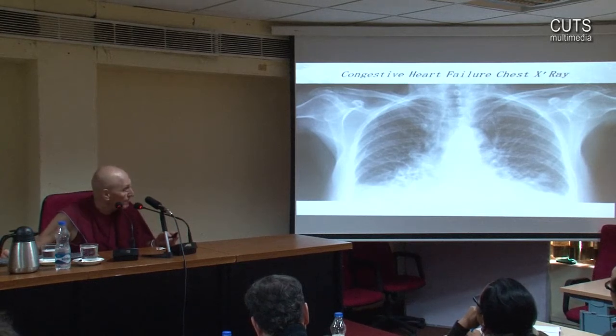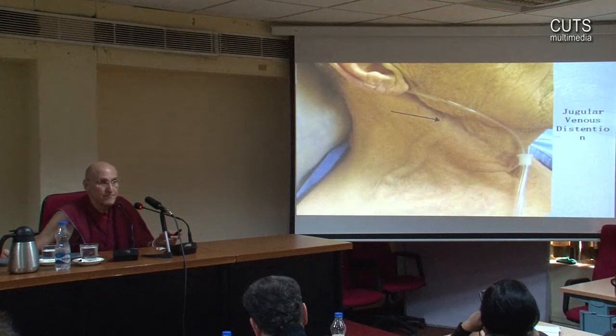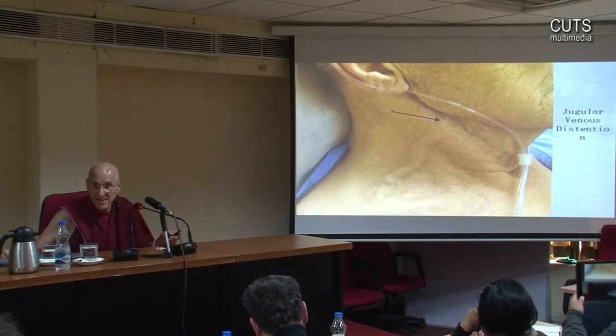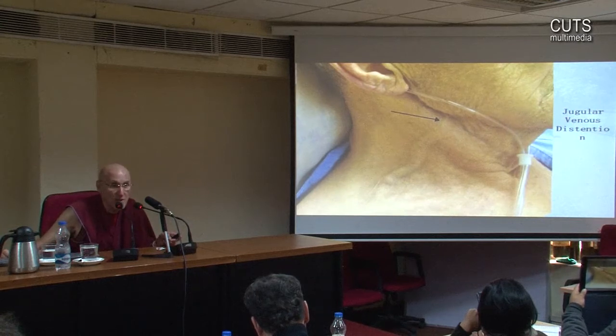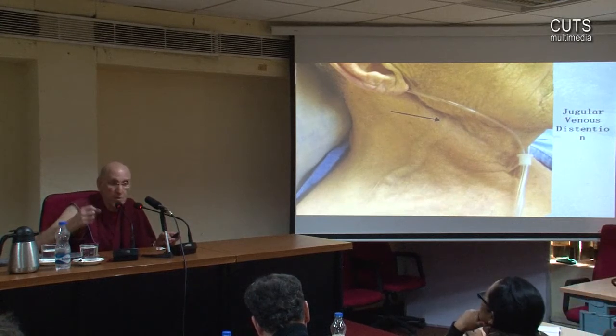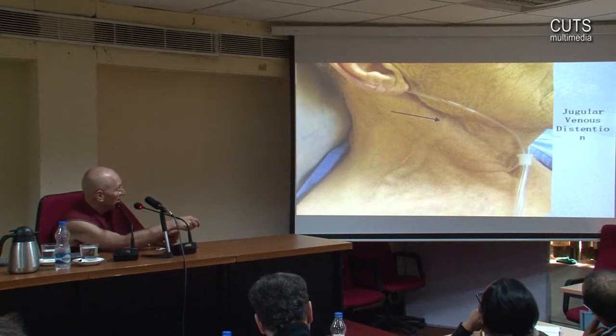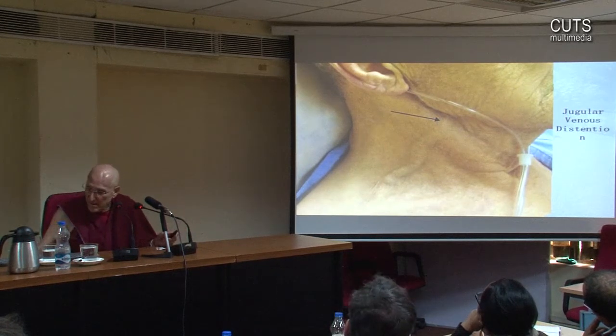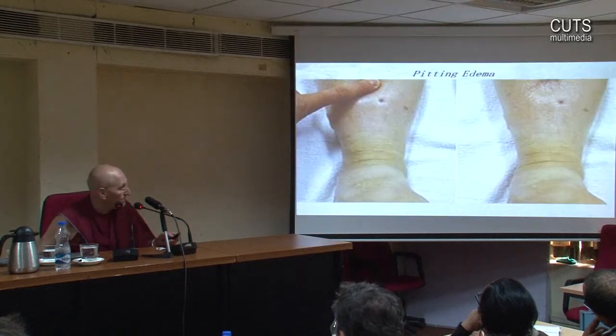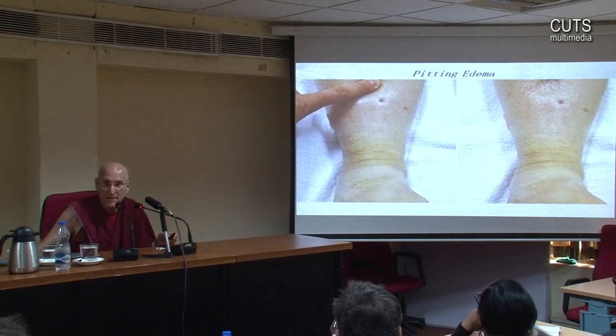Heart failure. What's this? Jugular vein distension, JVD, right? Because the heart is not pumping, the fluid's backing up. And one of the places it backs up is in the neck veins. Good. It's a sign of heart failure. Pitting edema, right?